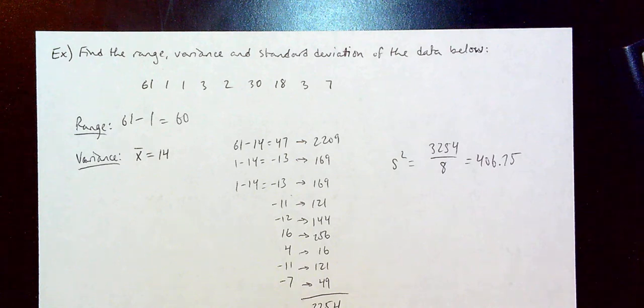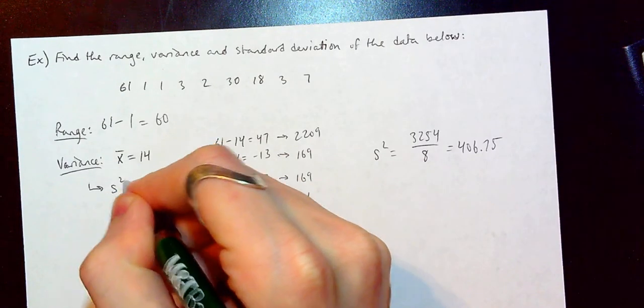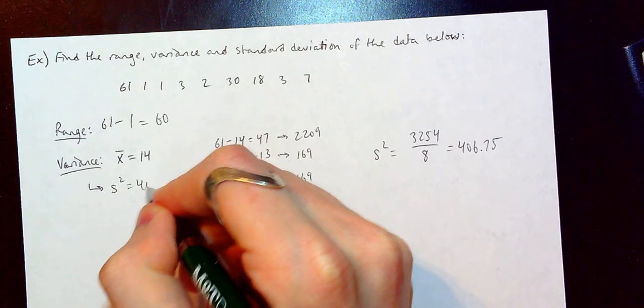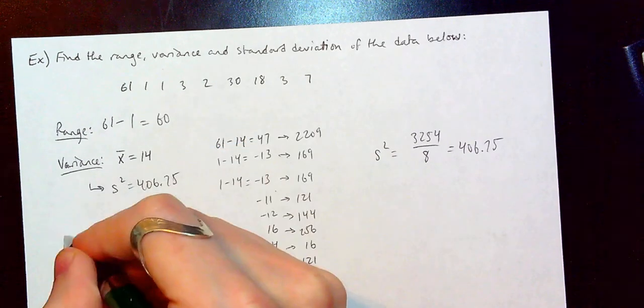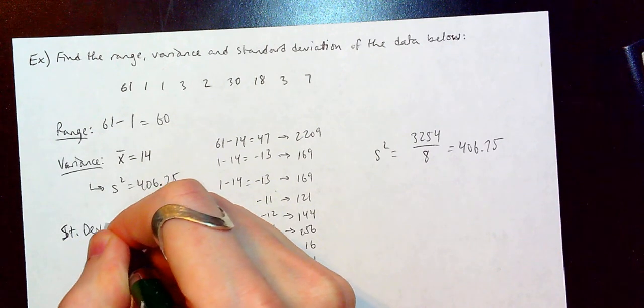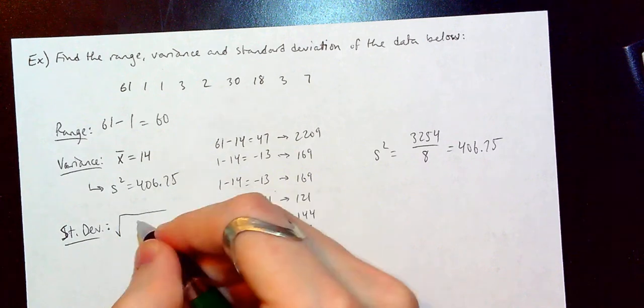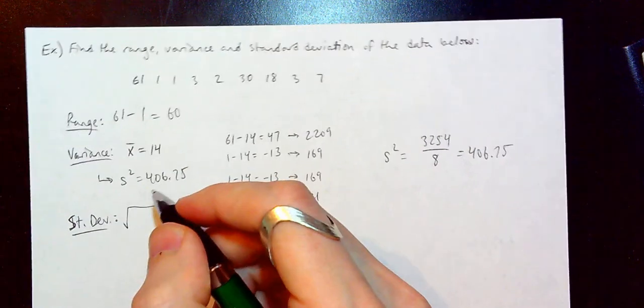Now to get our standard deviation, and I'll write the variance here, 406.75. The standard deviation: take the square root of that 406.75.